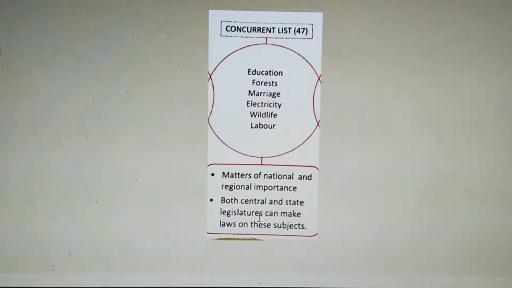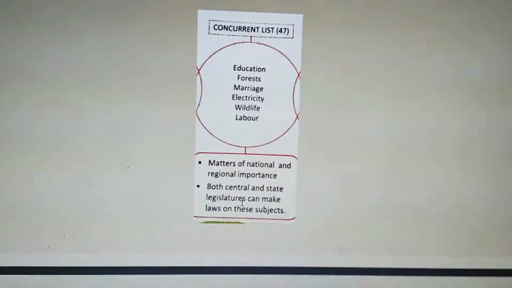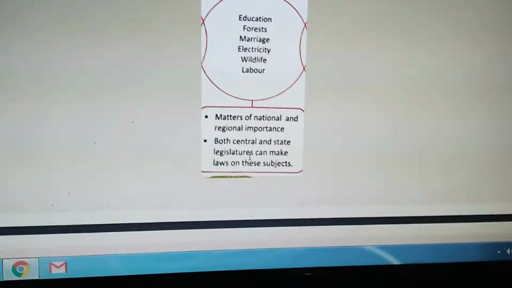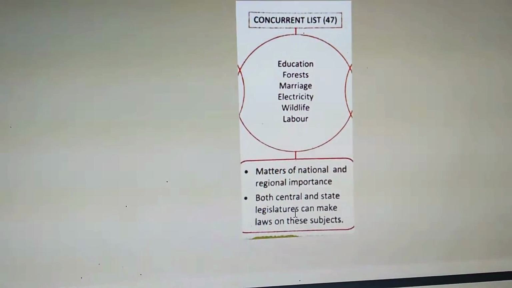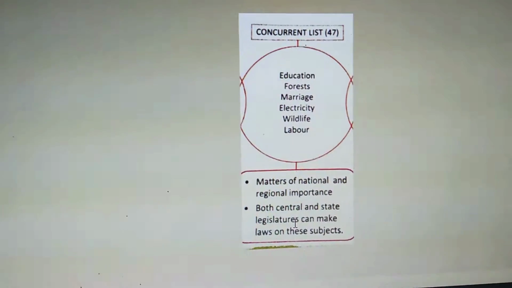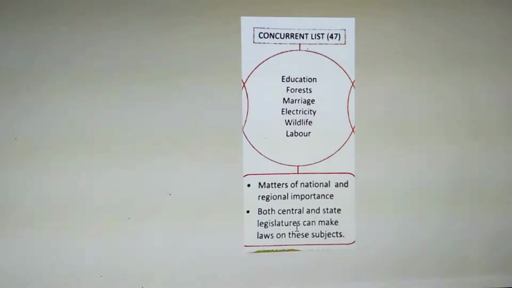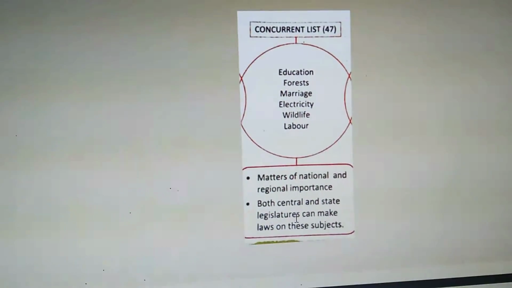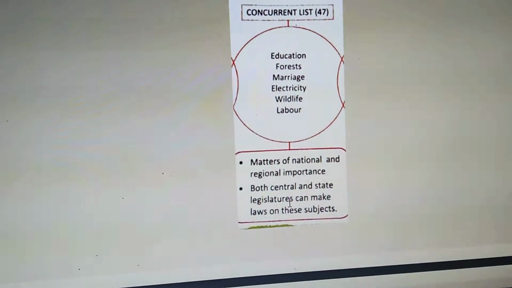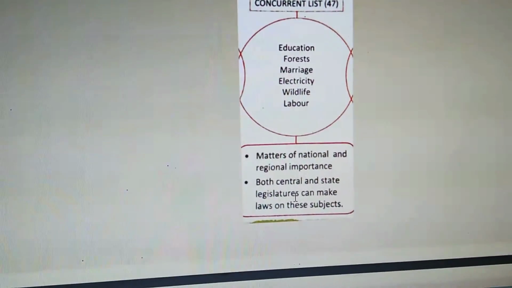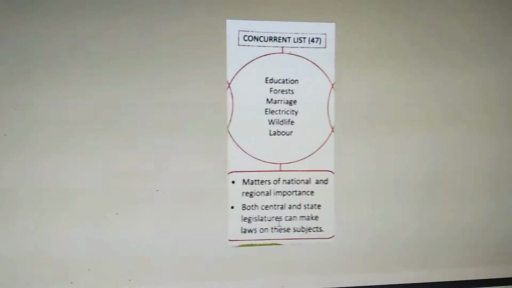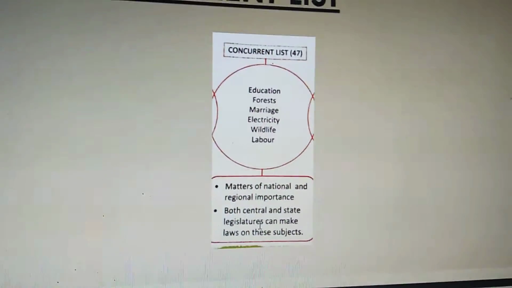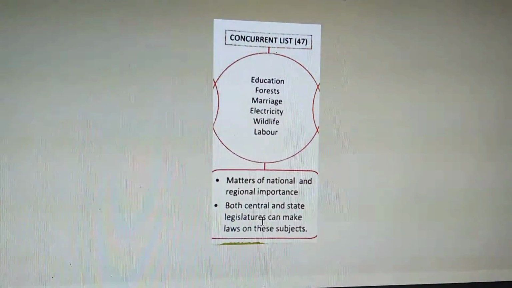Then we have the concurrent list. In the concurrent list, we have education, forest, marriage, electricity, wildlife, labor. Now in this, children, matters of national and regional importance are discussed and seen by both central and state legislatures, which can make laws on these subjects.